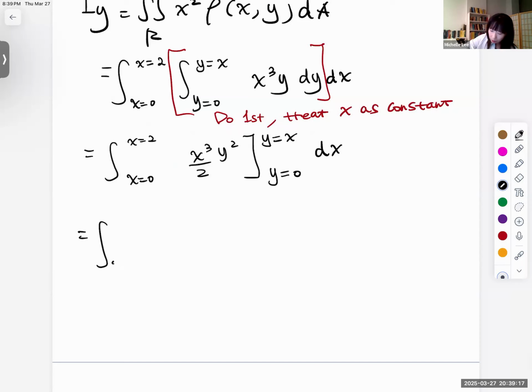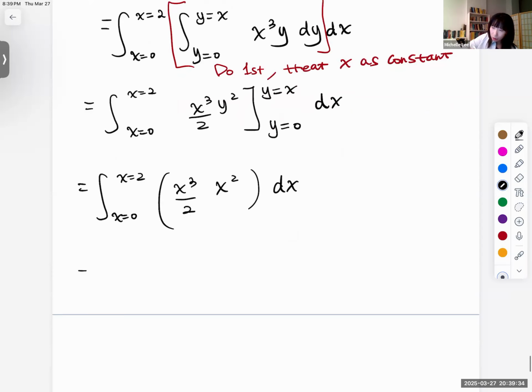All right, x equals 0 to 2, and then x to the third power times y squared over 2, x squared, dx. So we will get x to the fifth power. Oh, I have to be careful. Not yet, be careful. All right, so dx.